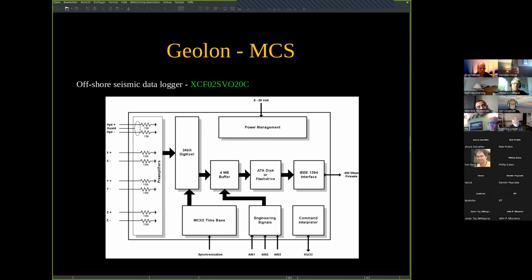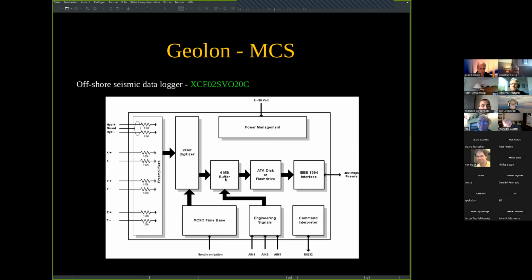And the time base is important because several data loggers are deployed on the ocean bottom for one experiment, and later on, when you correlate the signals, you are dependent on the precise timing to get the correlation right.